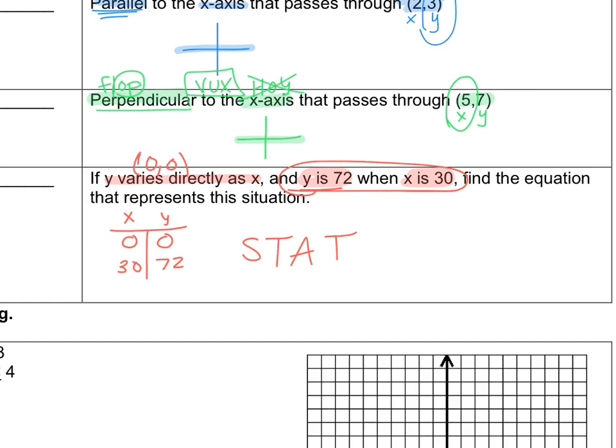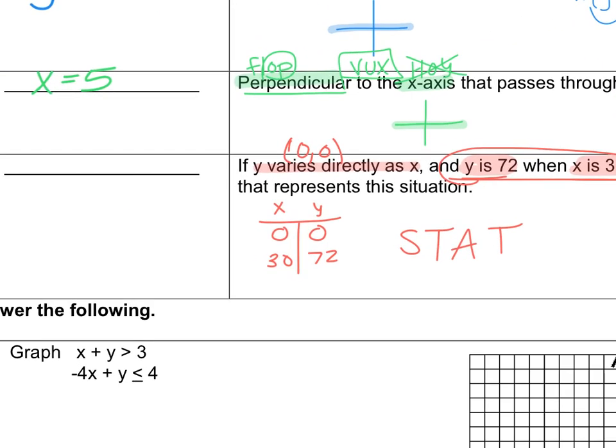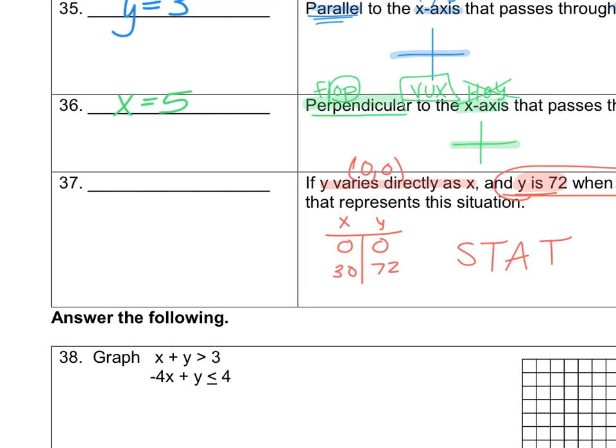When I put that in my calculator and find stat, I already know that I should have nothing on the end, and I end up with the equation y equals 12/5 x.